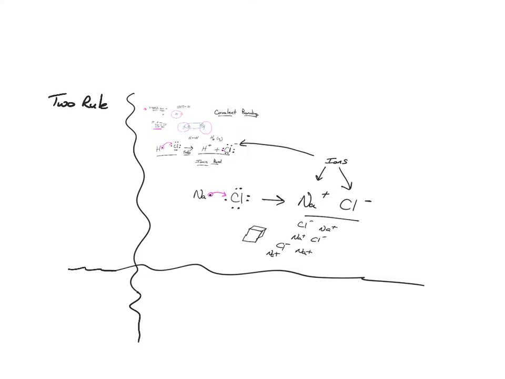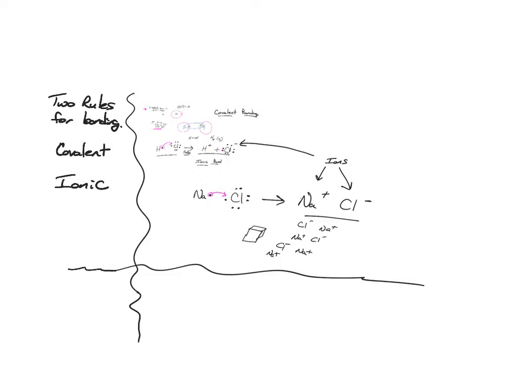You need to know your rules for electrons, let's call it for bonding. There's two kinds of bonds. There's covalent and there's ionic. Is this neat enough? Is this clear enough? I didn't go too fast? All right.